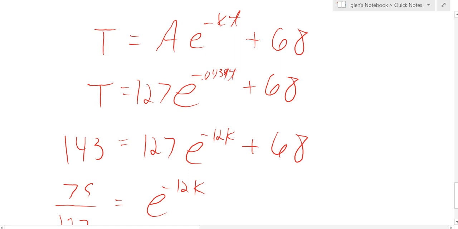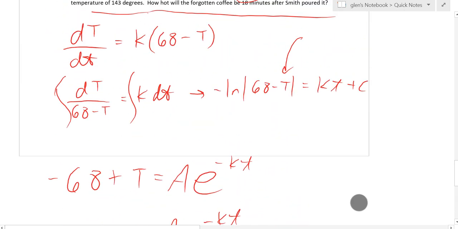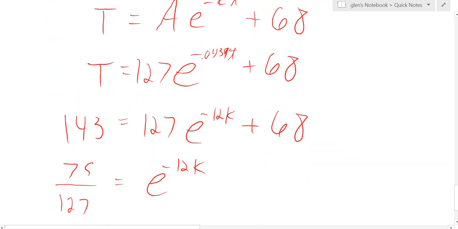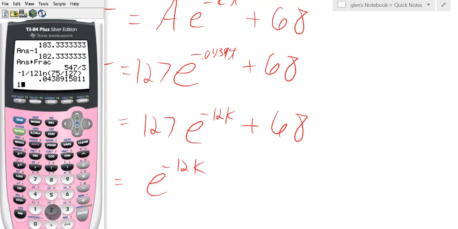And the question specifically said, what's happening after 18 minutes? So we got to plug 18 into that dumb thing. That's not too bad. 127 e to the negative 0.0439 times 18? Kaboom, plus 68.